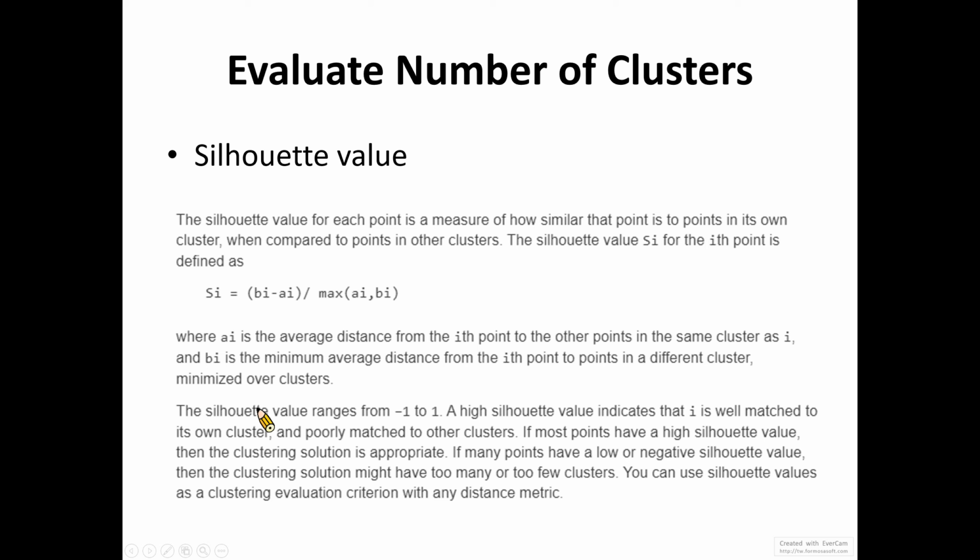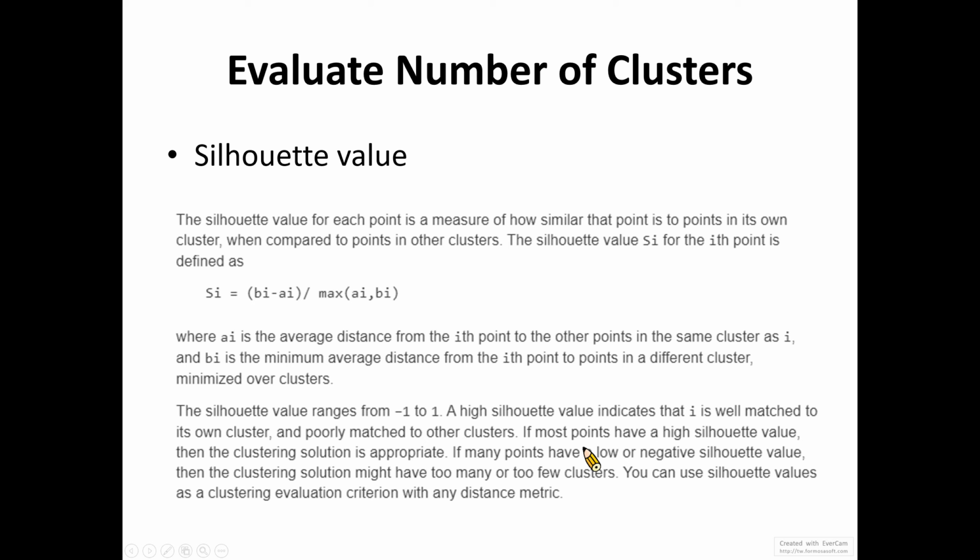The silhouette value ranges from -1 to 1, and a high value indicates that this data point is well matched to its own cluster, meaning that it has a good classification. A poor match means that the value will be away from 1.